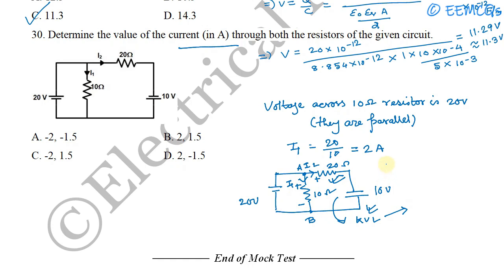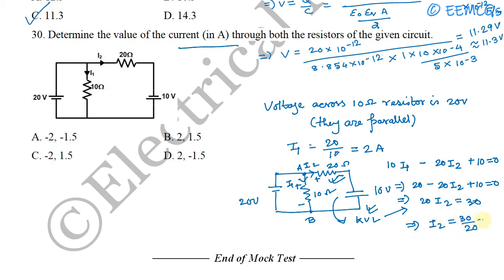Okay, so writing the KVL here, 10 into I1 minus 20 into I2 plus 10 is equal to 0. Now we know I1 is equal to 2. So 20 minus 20 into I2 plus 10 is equal to 0, or 20 I2 is equal to 30. That means I2 is equal to 30 by 20 is equal to 1.5 ampere. Okay, so the option B here is our correct answer.